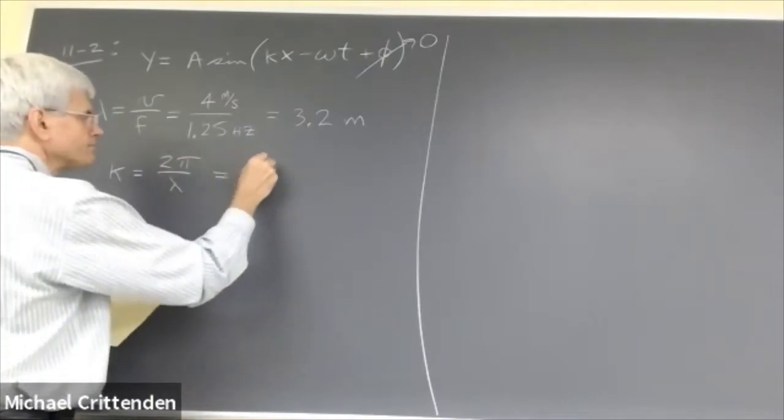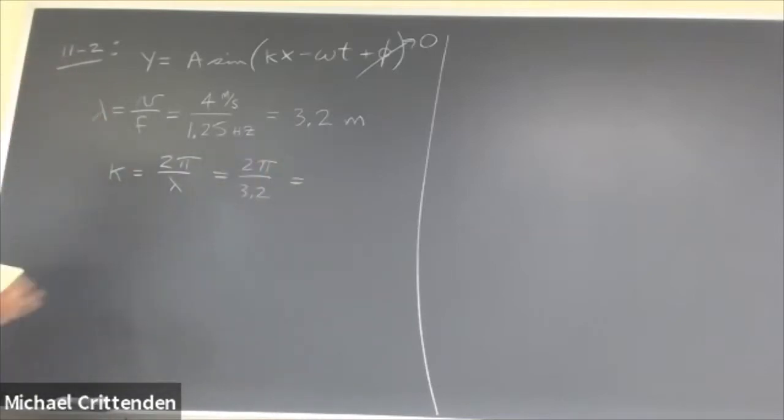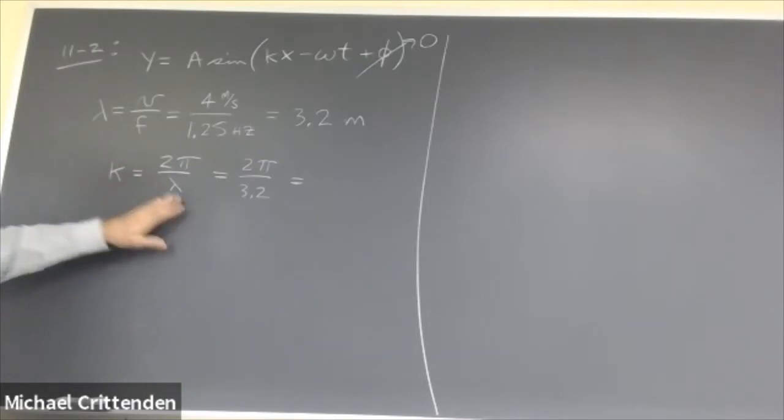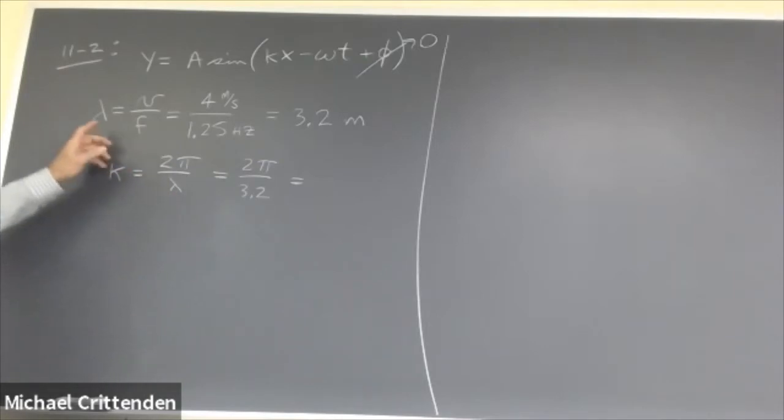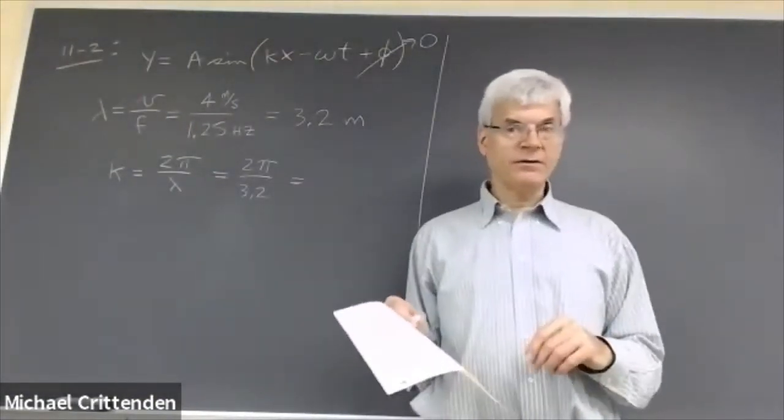So this symbol k stands for 2 pi over lambda. And this part you can look up on the formula sheet. This expression here, v equals f times lambda, that one you're supposed to know. That's pretty basic to the understanding of waves.